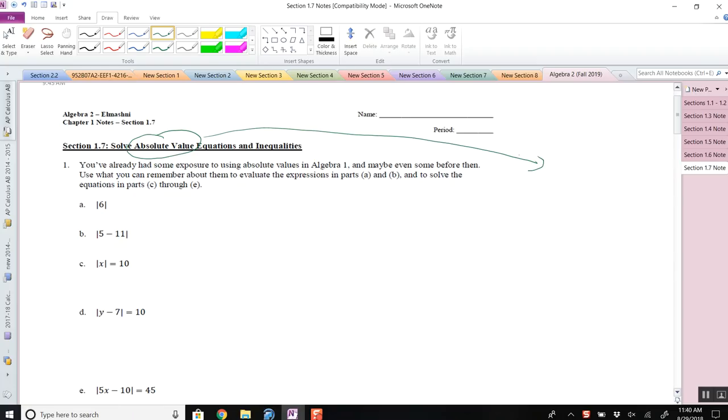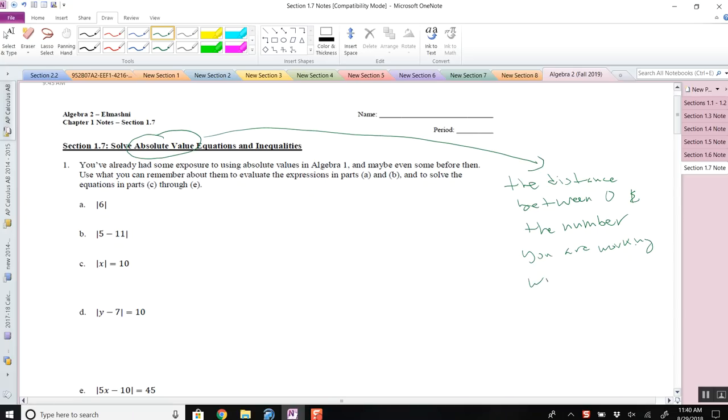So absolute value can be defined a few ways. One way you could define it is the distance between 0 and the number you are working with on the number line.